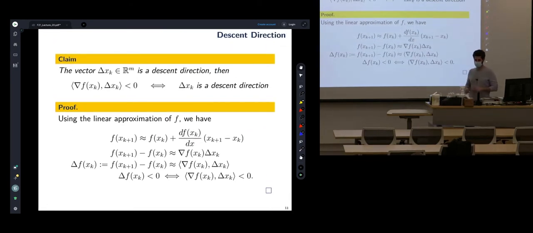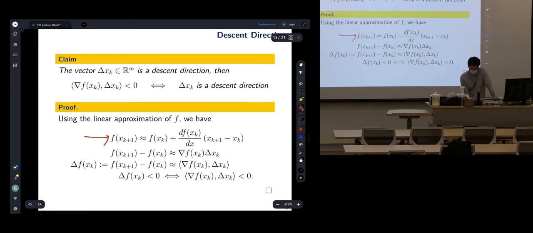To prove this, it's sufficient to calculate a linear approximation of your function. So at the next step, f of x k plus 1 equals f of xk plus your gradient times delta x. This is a linear approximation.